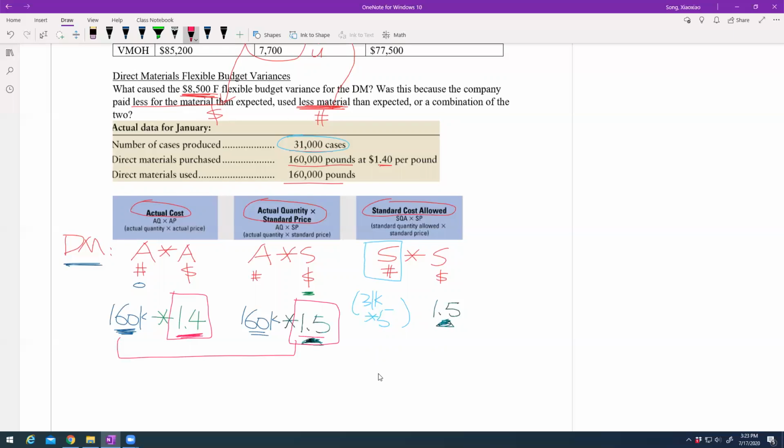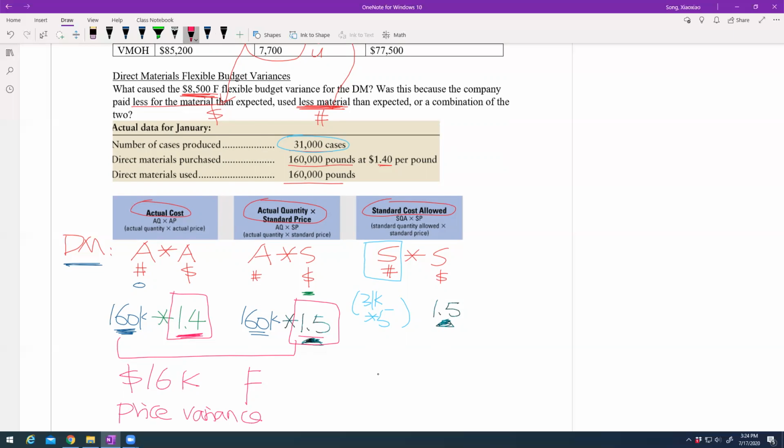So without the calculation, you can figure out this is a favorable variance, and it's $16,000 favorable. The variance is because of the price, so we call it a price variance. Our price variance is $16,000 favorable because our actual cost is cheaper than the budget price.